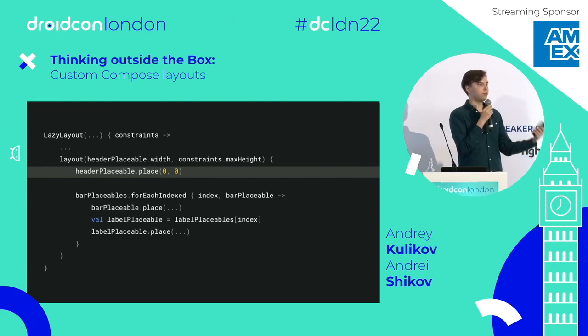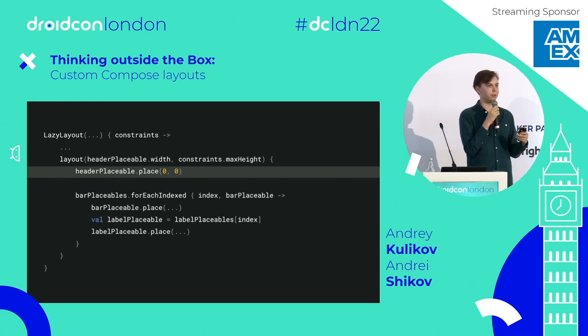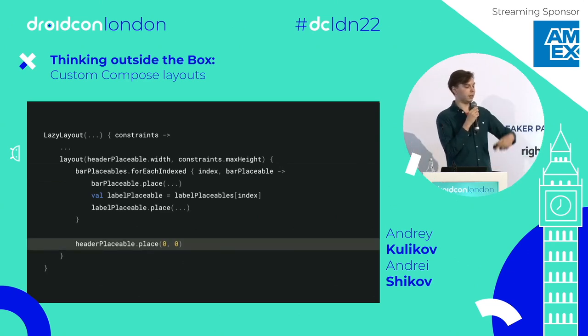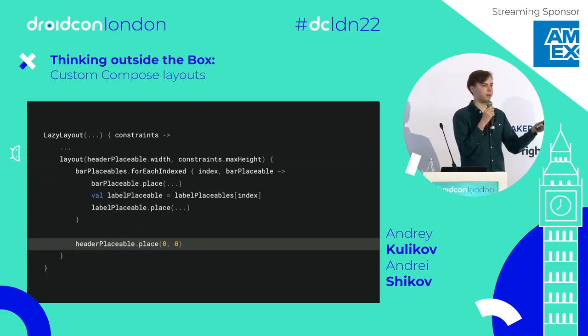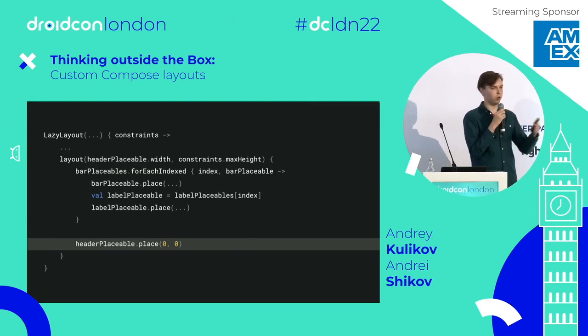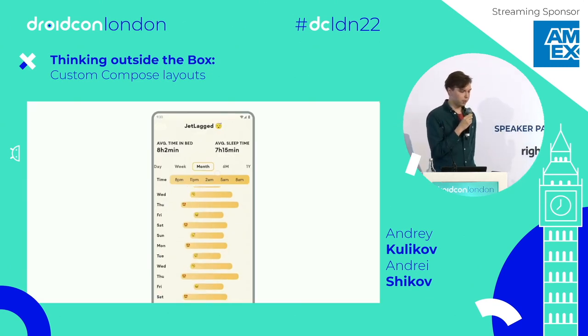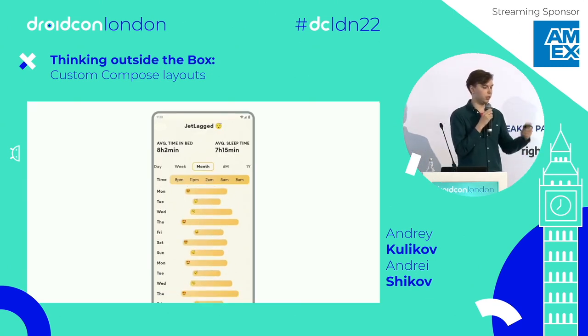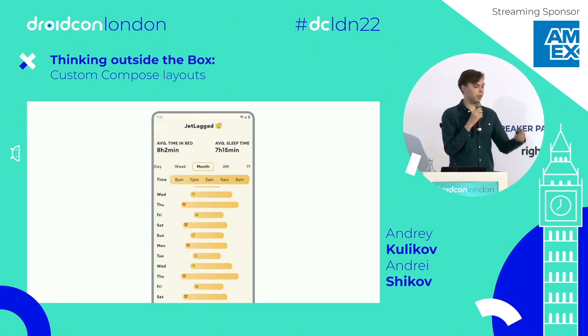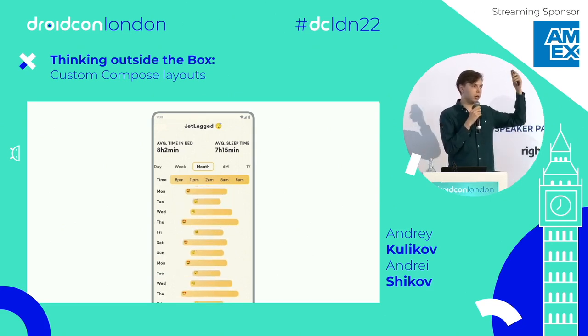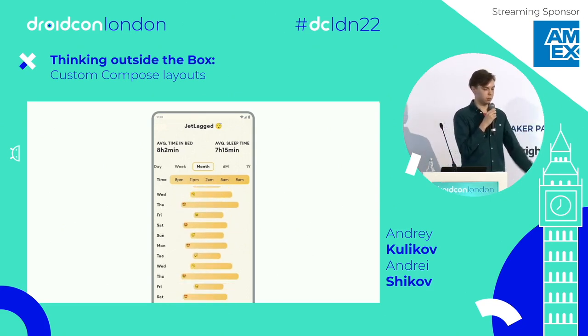Now if we place it first, it will be overlapping with children all the time, like children scrolling on top of the header. We don't want that. What we want is to place it last, and as placement order affects the drawing order of the items, we will always draw labels and bars first, and then the header, which is exactly what we need. And here is the final layout with all of these things, where we figure out which items are on the screen, and labels that are scrolled up disappear and are reused later at the bottom.